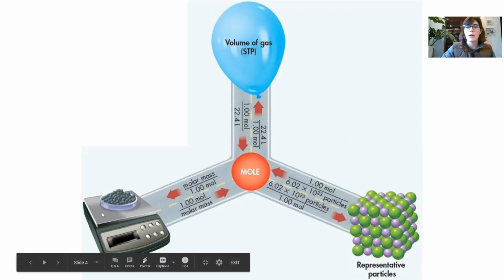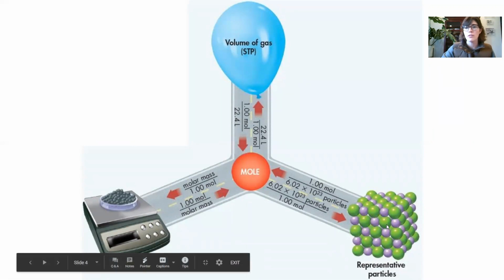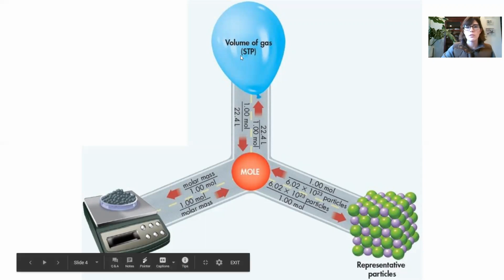So we've done a lot of practice going from mass to moles, so grams to moles. We've also done a lot of practice going from moles to number of particles. And what we're going to do later on is going from moles to volume of gas, but that's something that we're going to learn later. Right now, we're just getting more practice going from mass to moles to particles and back and forth.